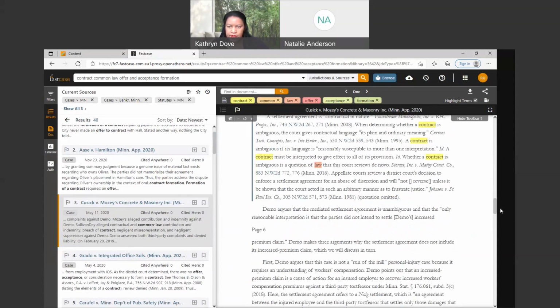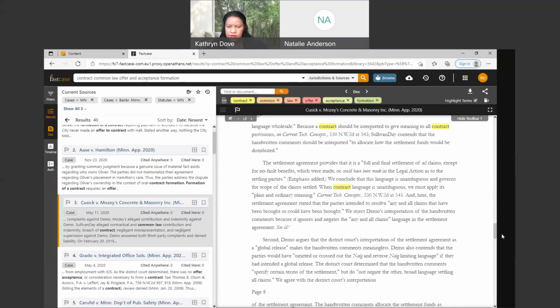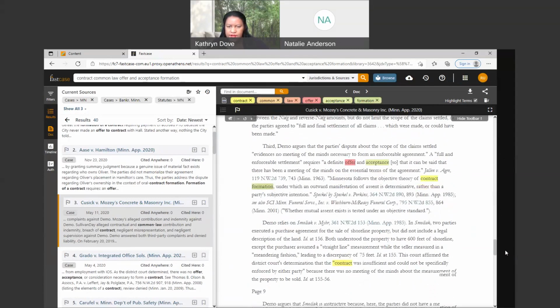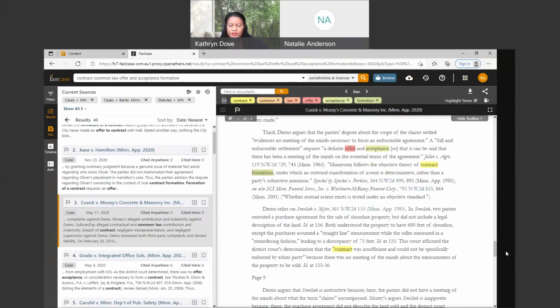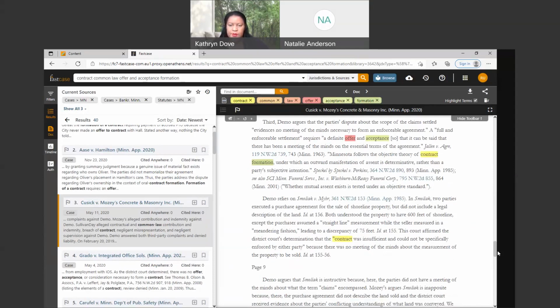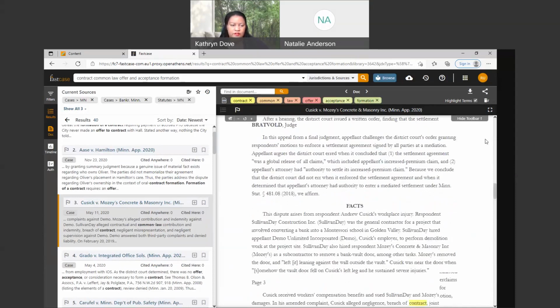I do not think that I would cite to this case, because it's more about the settlement agreement than it is about the details of a contract. They are trying to figure out whether the settlement agreement's enforceable. A full and enforceable settlement agreement requires a definite offer and an acceptance, a meeting of the minds. So you could cite to this case, but it's more about the settlement offer than the contract.